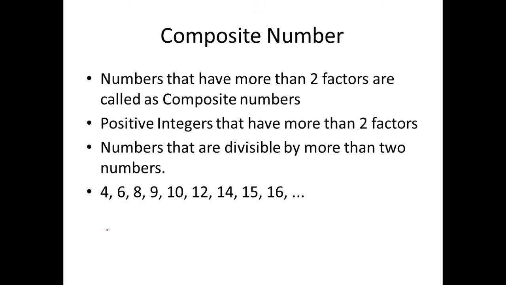What is a composite number? Any integer that is greater than 1 and has more than two factors is called a composite number. For instance, when you take a look at 8, we say 8 is a composite number. Why? Because 8 can be represented as 1 into 8, and 8 can also be represented as 2 into 4. So the factors for 8 are 1, 2, 4, 8.